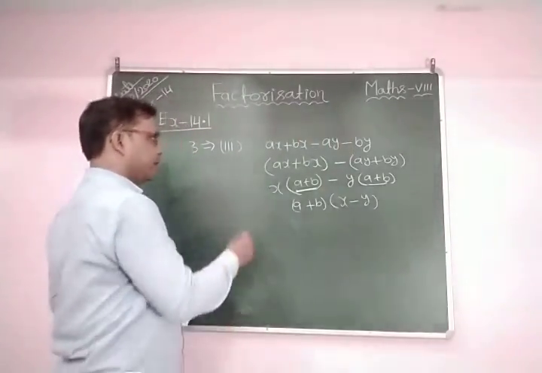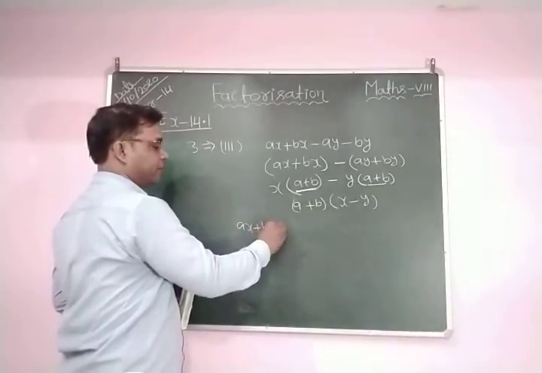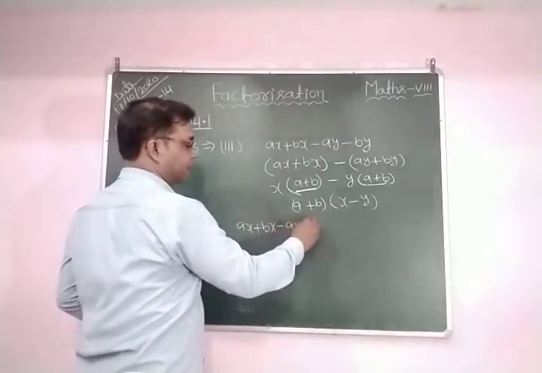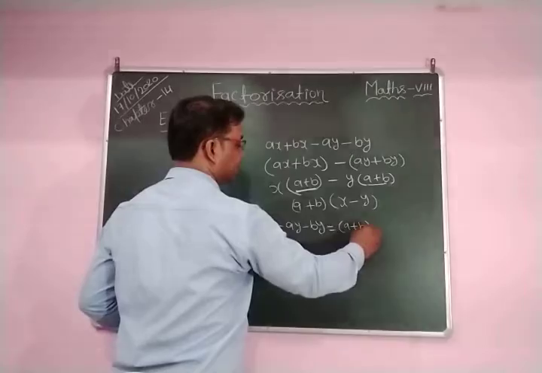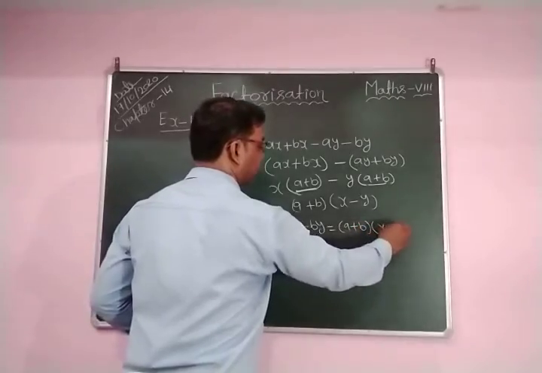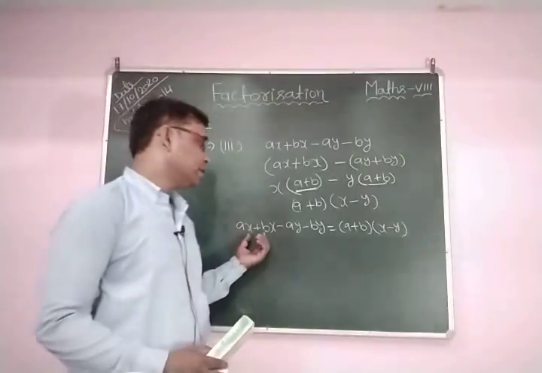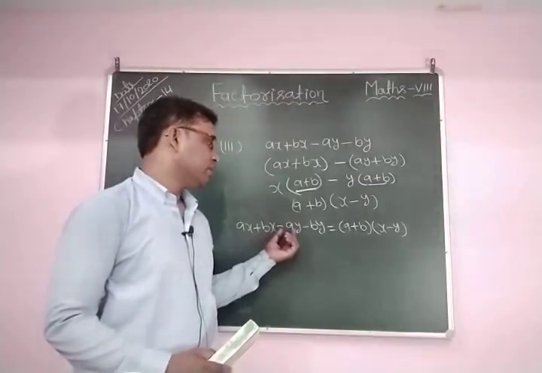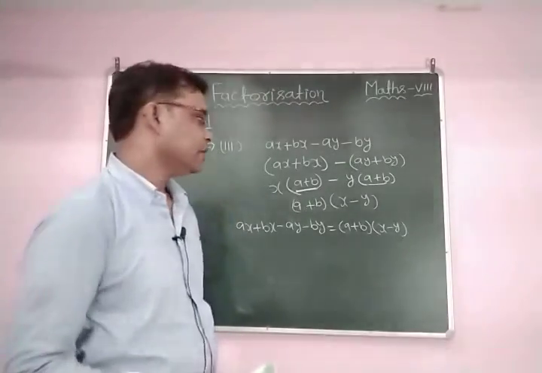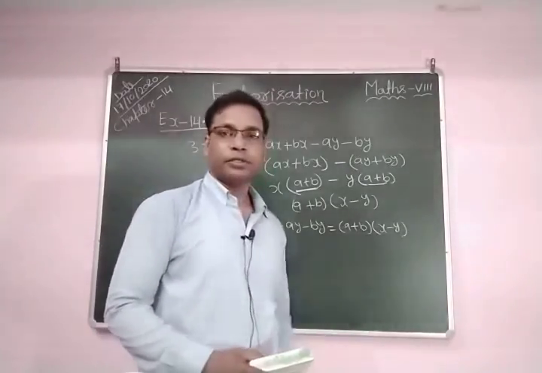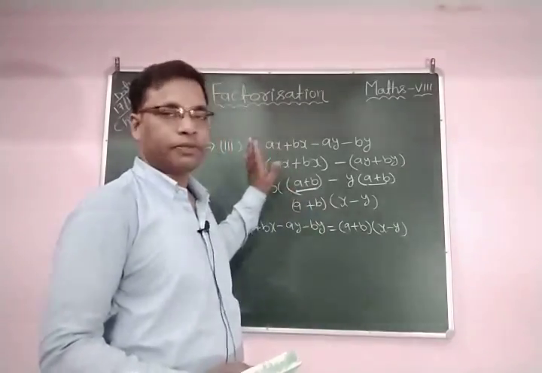So you can write it like this: ax plus bx minus ay minus by is equal to a plus b into x minus y. Clear? This is the factors of this algebraic expression.